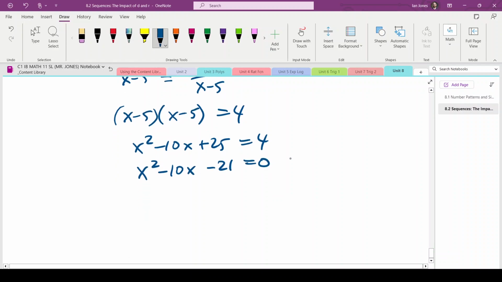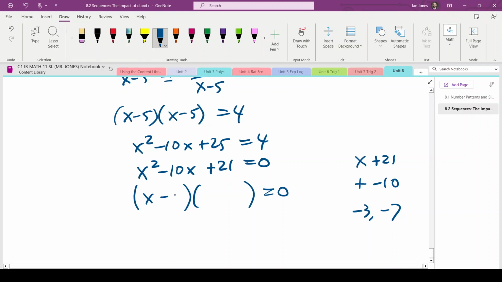Factor: what two numbers multiply to negative 21 and add to negative 10? That's going to be a negative 3 and a negative 6. This is a positive 21. That's going to be a negative 3 and a negative 7. So I have x minus 3, x minus 7. So x equals 3 or 7.